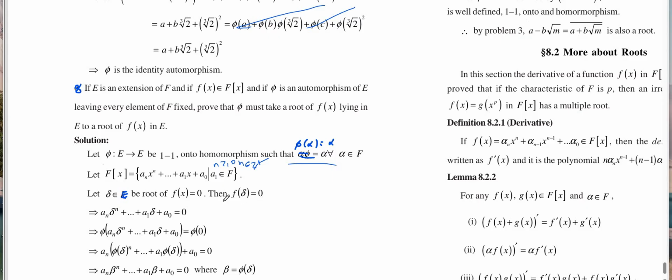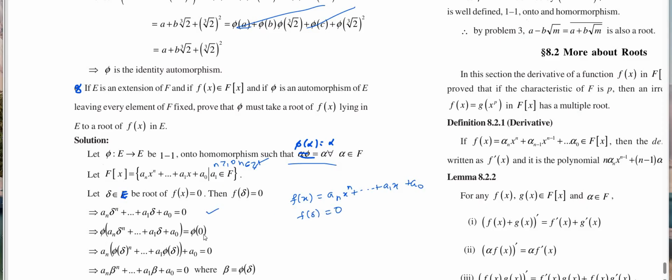Then f of delta is 0. Take the polynomial as, say, an x power n plus and so on, a1 x plus a0, so that f of delta equal to 0 implies this.